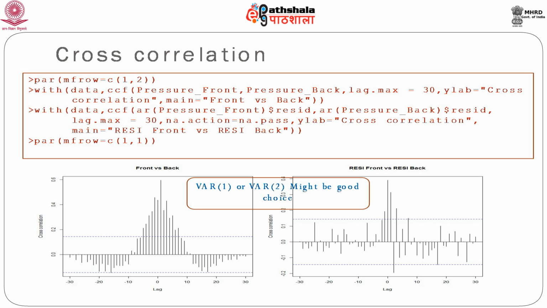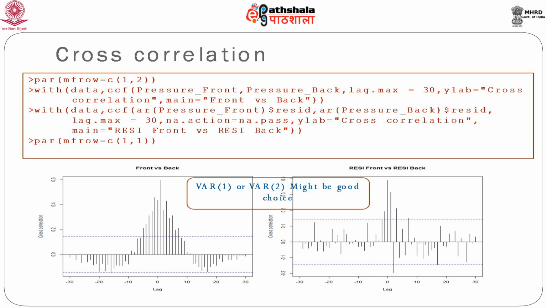30. In this data there were some missing values, so I used na.action equals na.pass, and ylab equals cross correlation, and main as residual front versus residual back.